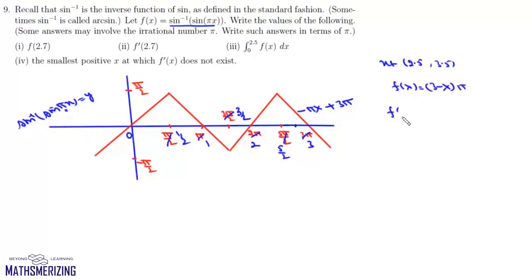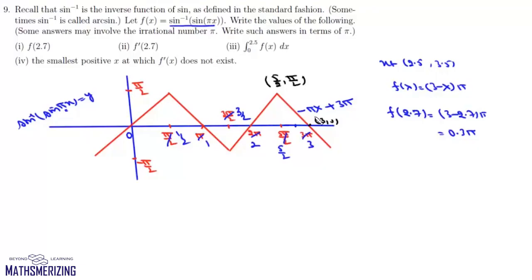Now we need to find the value of f(2.7). Now f(2.7) will be 3 minus 2.7 into pi, which is 0.3 pi. You can also find the equation of this straight line using coordinate geometry. So this point is (5 by 2, pi by 2), and this point here is (3, 0).